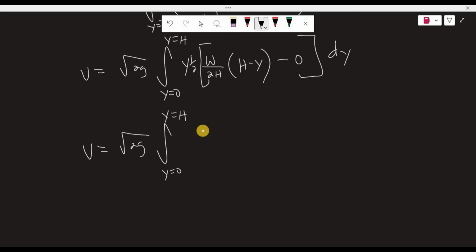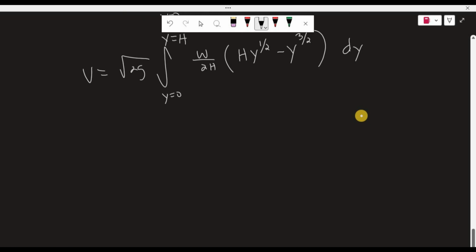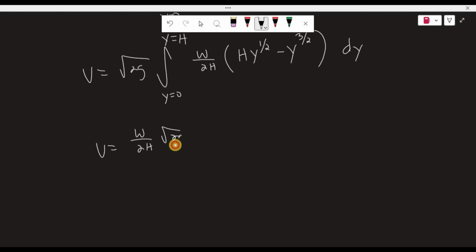So w over 2h times the quantity h y to the 1/2 minus y to the power 3/2, and then dy. Now, since this is a constant term, we can just write it at the front. So V equals w over 2h square root of 2g, y equals 0 to y equals h, then it's y to the 1/2 minus y to the 3/2 dy.